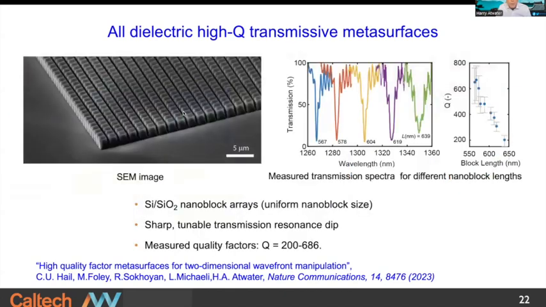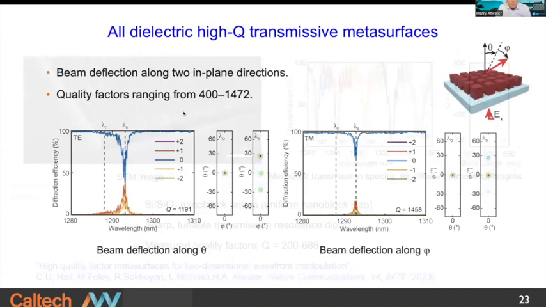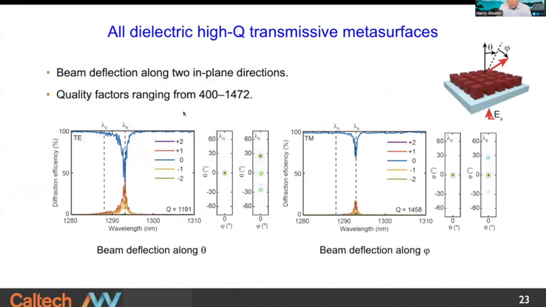So we've fabricated these metasurfaces and shown that they can exhibit Q factors in the range from about 200 to 700. Other devices made in a 2-dimensional format showed Q factors over 1,000. And this also illustrates that we can steer along 2 orthogonal azimuthal angles.